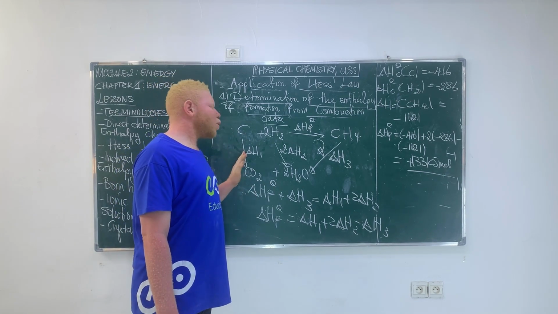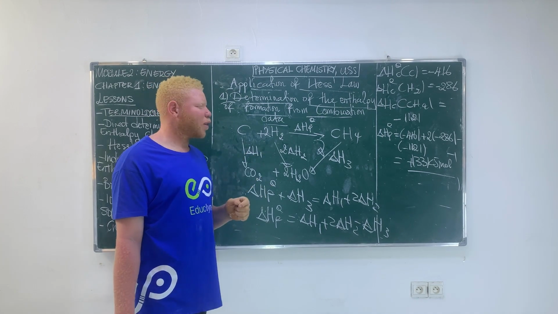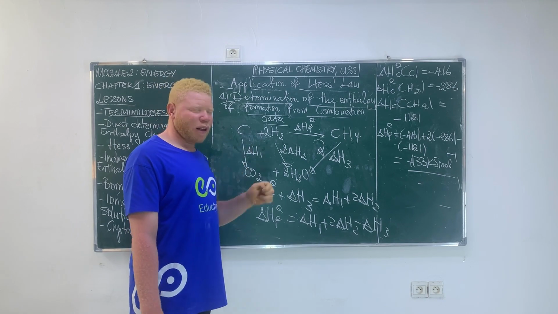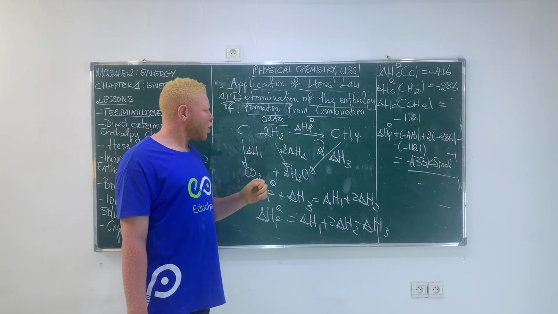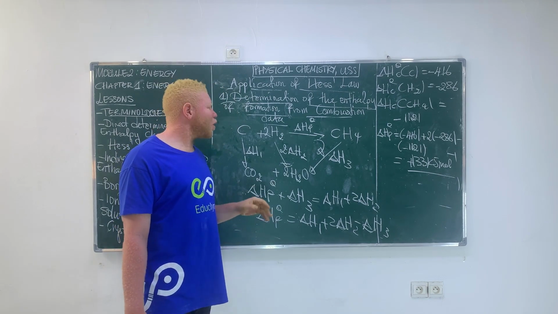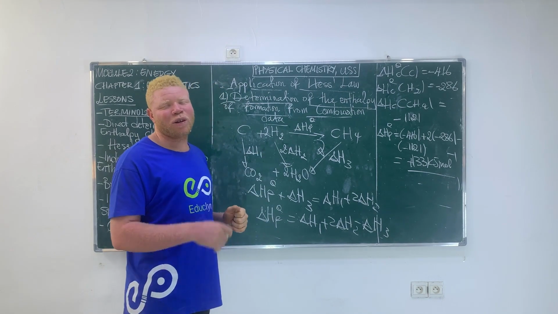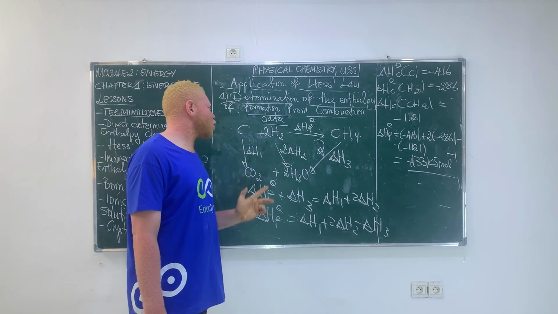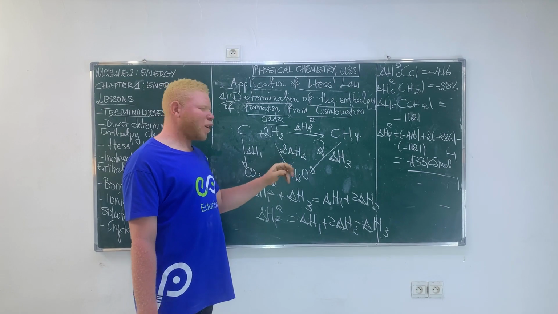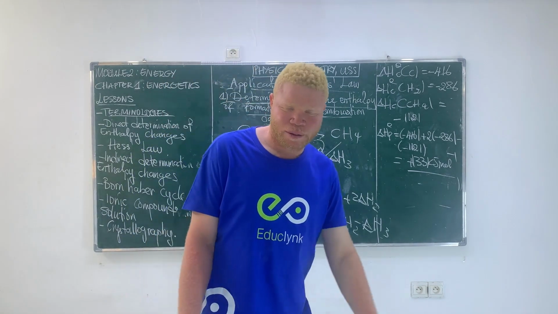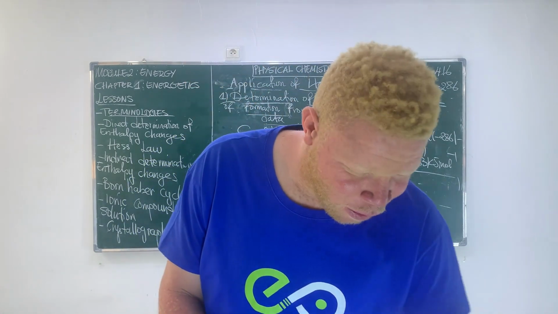For carbon it is 1, that's why 1 times delta H1. For hydrogen it is 2, that is 2 times delta H2. Then delta H3 for methane. I go in the positive, clockwise direction, so delta H formation plus delta H3 equals delta H1 plus 2 delta H2. I make delta H formation the subject of the formula. So let's now go to example 2.